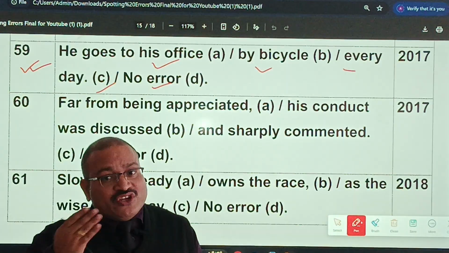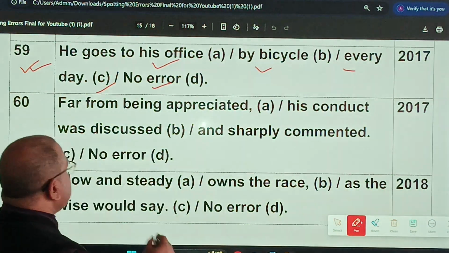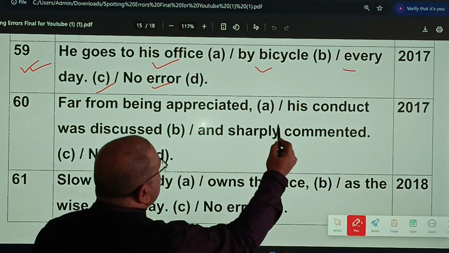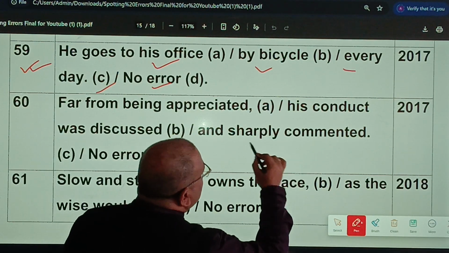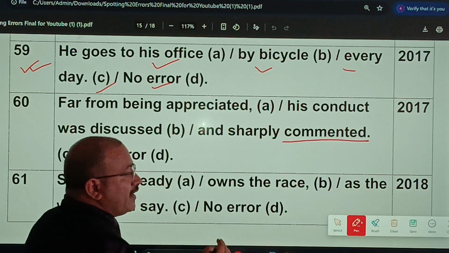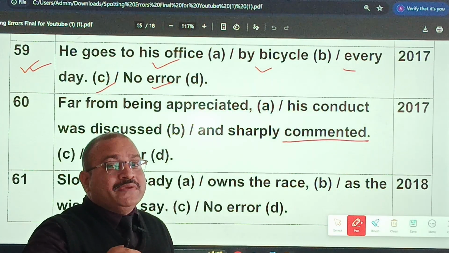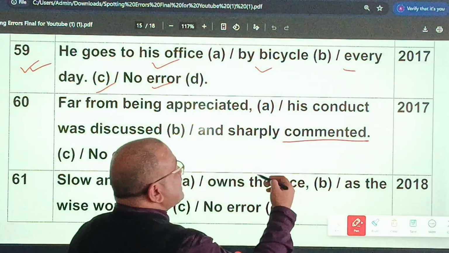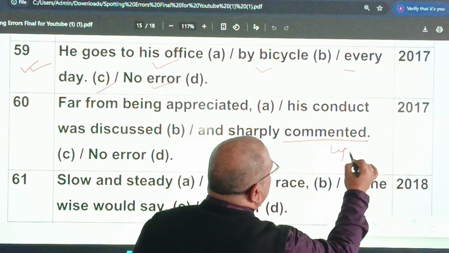So when we change into passive voice, the preposition will not be removed. So let us see, far from being appreciated, his conduct was discussed and sharply what? Commented upon. Comment will not come alone here. So it is commented upon, sharply commented upon.